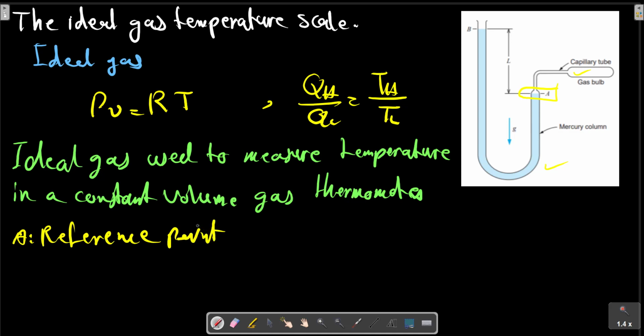The volume of gas remains constant. Assume that the gas in the capillary tube is at the same temperature as the gas in the bulb. The pressure of the gas, which is indicated by the height L of the mercury column, is measured.